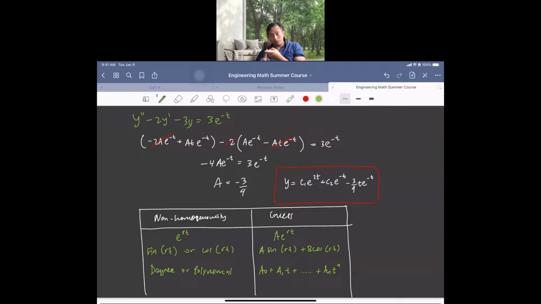First, solve the homogeneous one. Second, guess the particular solution for the non-homogeneous one. Check that out, and equate both sides with the guess. Then we can get our constants, and that will be your particular solution. And we need to combine the homogeneous solution with this particular solution, and that will be the general solution.